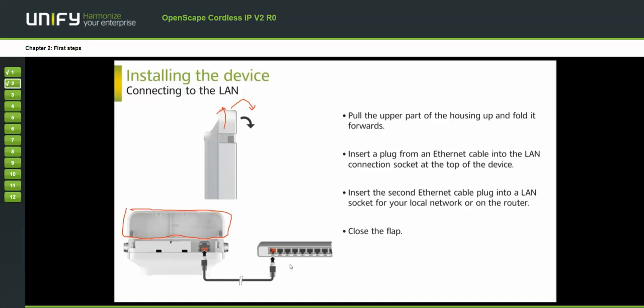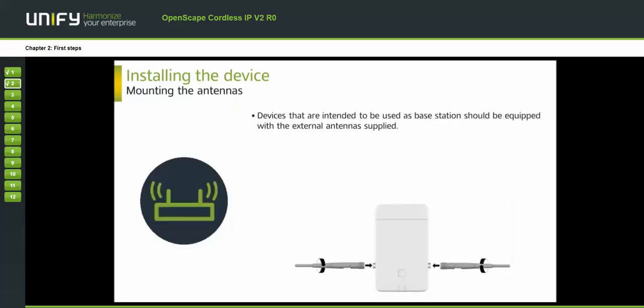Wall mounting. BSIP2 is intended for wall mounting. The picture and the instructions on how to wall mount the device are shown here. Please note that this is the same procedure as for the older BSIP1 base stations of OpenScape Cordless IP version 1, so you can reuse all the mounting material you have used there.